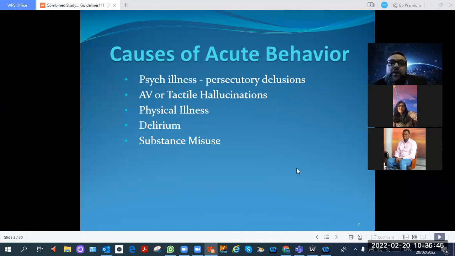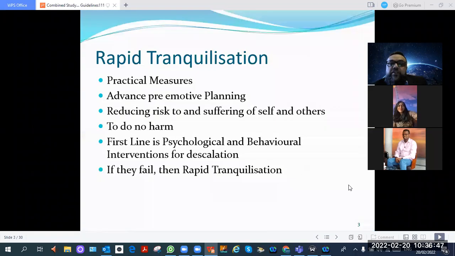So then, rapid tranquilization, practical measures. We are going through the introduction. What are the practical measures of rapid tranquilization? You need to do some preemptive planning: if this happens, what would I do?